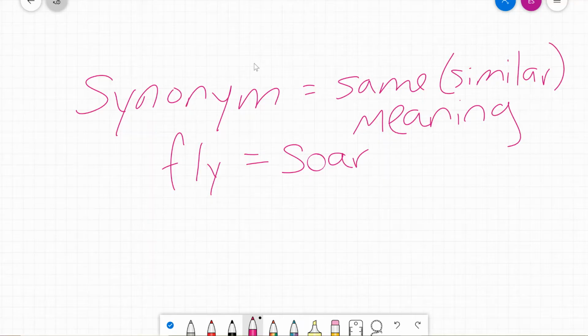Like if you're flying, you're flying. But if you're soaring, there's this idea of like freedom. There's this like feeling behind soaring, maybe that isn't inherent in the word fly. So that's a synonym. It has a similar meaning. They're two different words. They might differ slightly, but pretty much they mean the same thing in the sense that flying and soaring are the same.